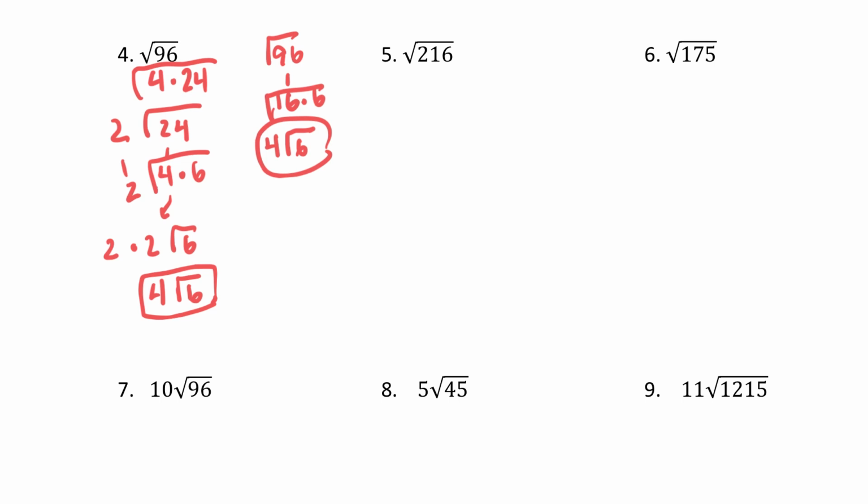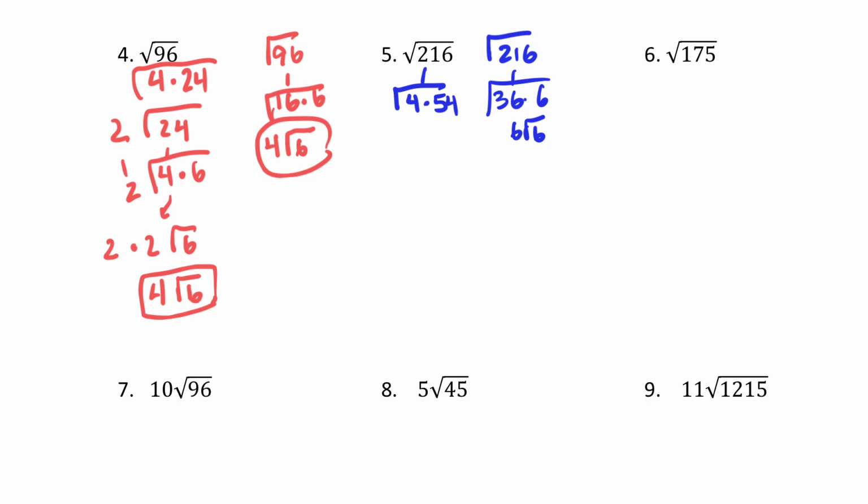All right, so for this next one, square root of 216, well, 36 goes into it 6 times. So 36 would be 6, and then you'd have left over the square root of 6. But suppose you didn't know that. You could start from breaking it down with lower numbers. So 4, divide it out, and you'll get 4 times 54.